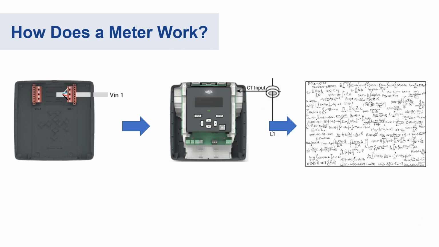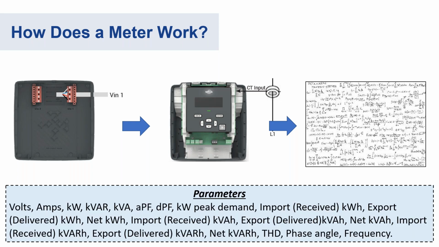So, principles of a power meter. I'm guessing that most people who are viewing this presentation are familiar with the general principles about how power meters work. Essentially, you bring in a voltage. In the case of our meter, it's anywhere between 80 volts and 660 volts AC. You bring that voltage into one or two terminals. You wrap CTs, standard or Rogowski CTs, around your loads.